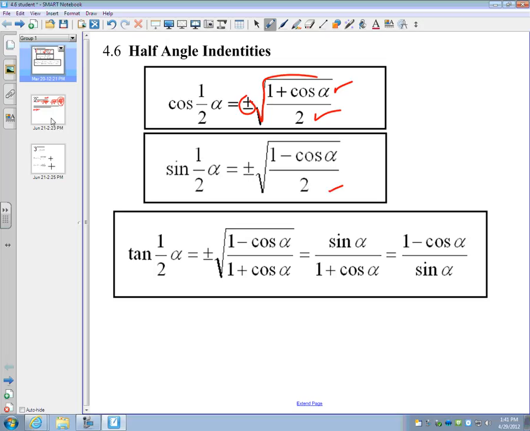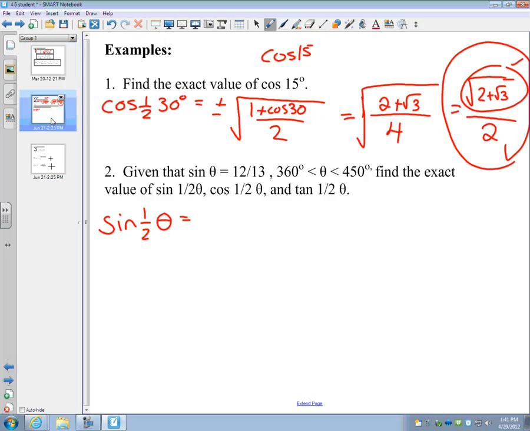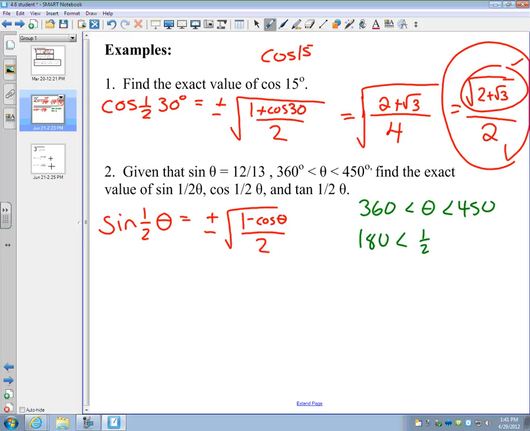So it is equal to plus or minus root 1 minus cos of theta over 2. I just want to take a second and analyze whether it is actually plus or minus. If theta is between 360 and 450, if we take half of everything, half of 360 is 180, half of 450 is 225.